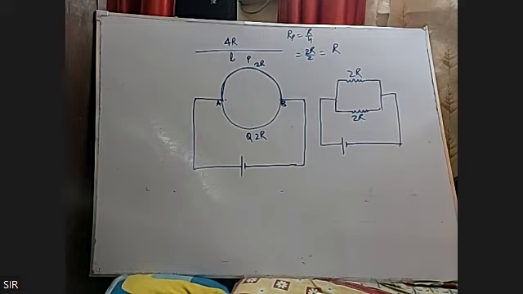So can we change the circuit? Change means what? Because I'm getting 1 ohm, you are getting 1 ohm because two pairs are set in parallel.